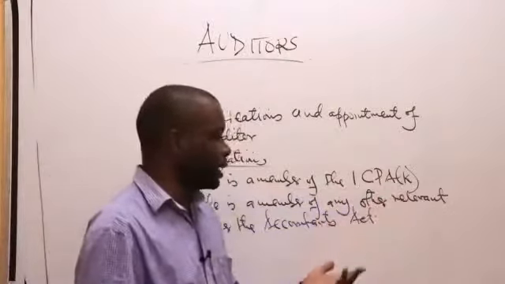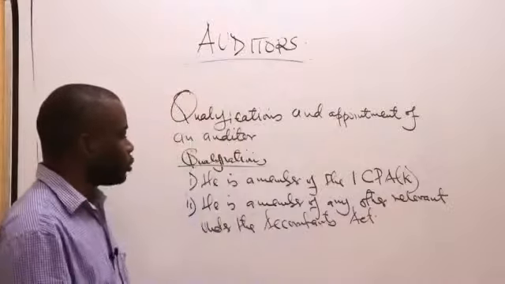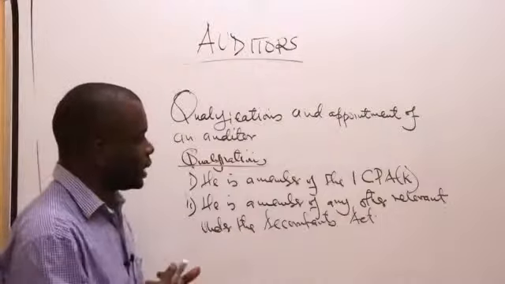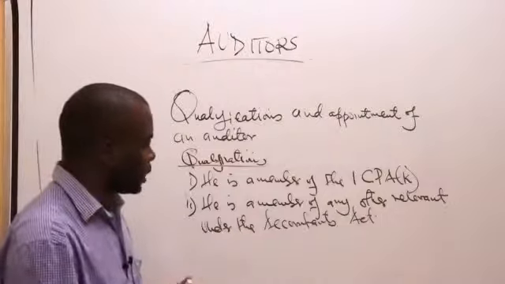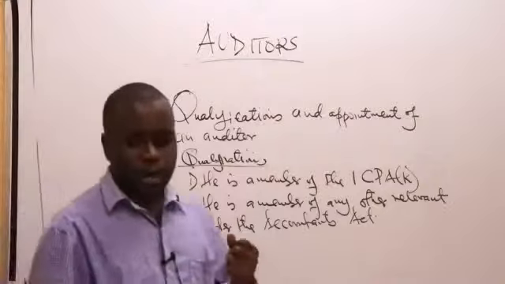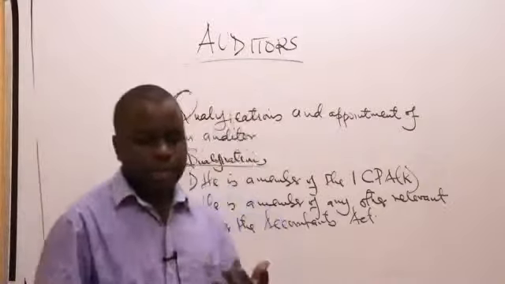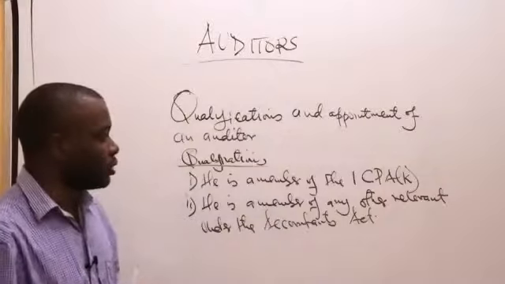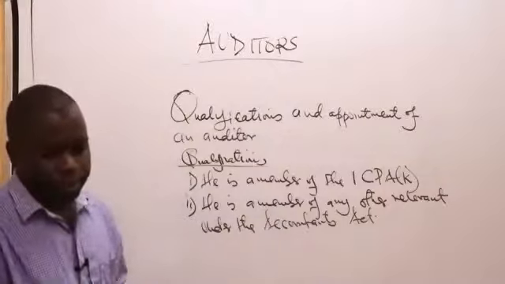Then of course, they can approve you to be an auditor, or be approved to provide auditing services. So these are the key qualifications required of an auditor of a company.